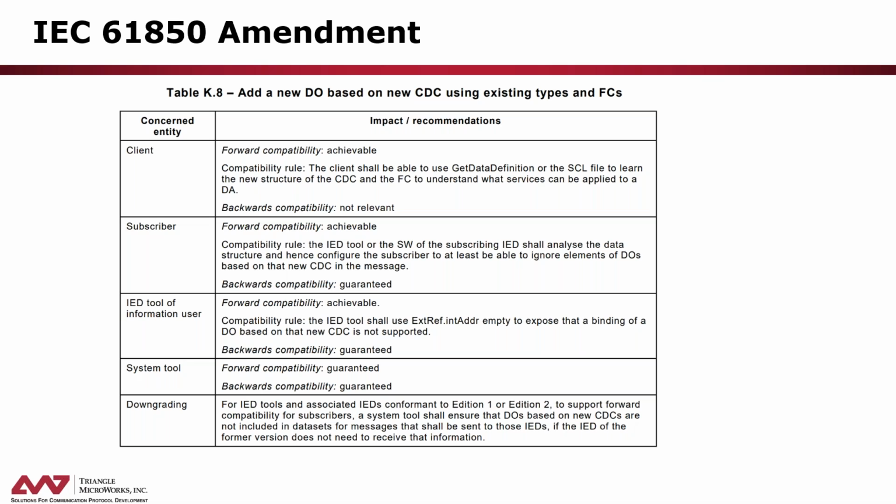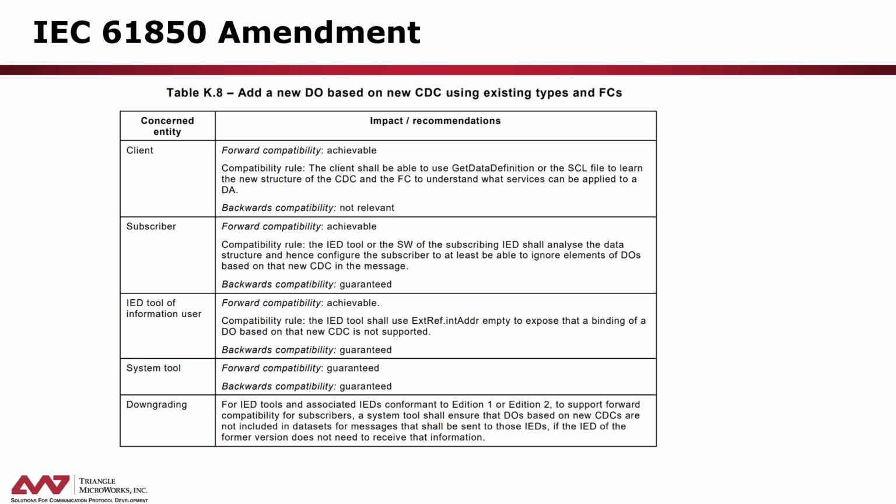And what this talks about is for the device vendor, the tool vendor, how do I need to program my product in order to not have any problems in the future when the standard evolves. And as you can see, this goes through each type of device in the system and talks about the impact and the recommendations on it.